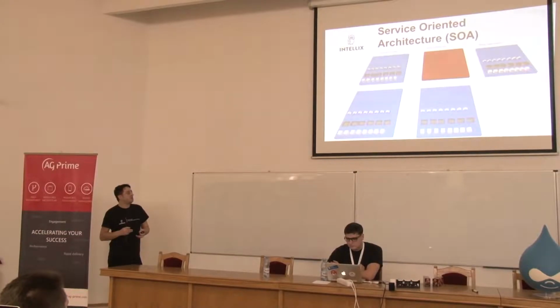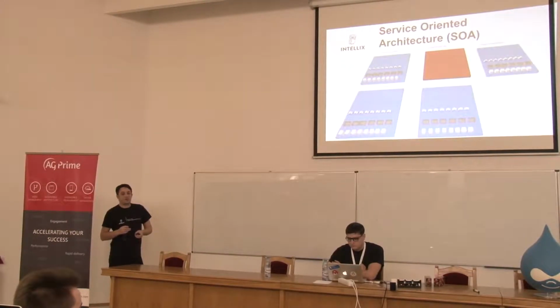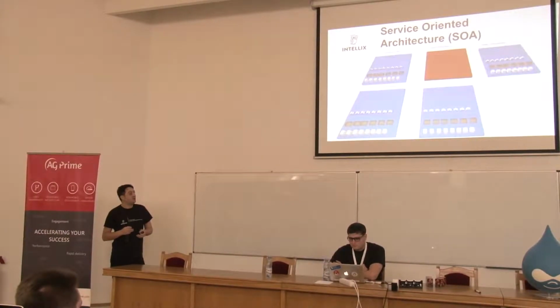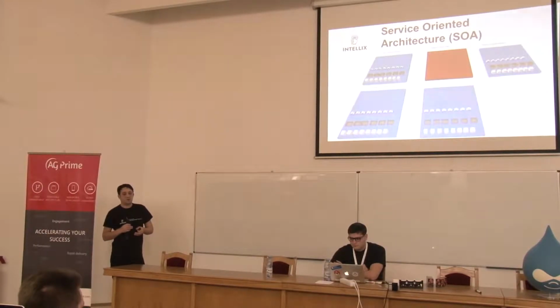Say, for example, your client wants a WordPress blog or a mini site in whatever other technology than Drupal. Well, this can be easily achieved if you use this model.